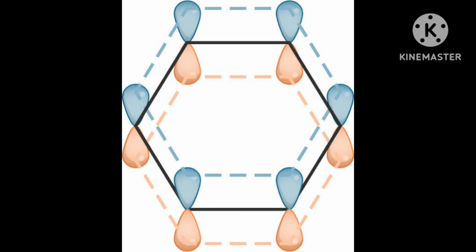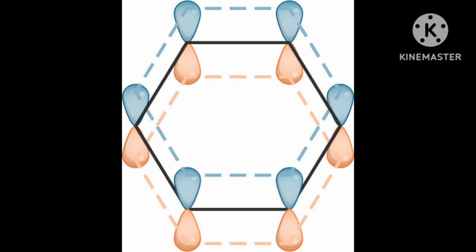Already I have discussed this in the case of ethylene. Same thing here. The one remaining sp2 orbital will make a bond with the s orbital of H. Then 6 C-H bonds will be formed.